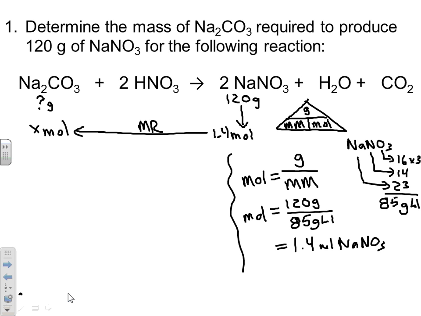So I'm going to do X over 1.4 is equal to 1 over 2. Right? Did I do that right? We know that this is going to come up here. Let's save some time. You can do that in your calculator. If you really have to move it, you can, but you don't have to. 0.7.